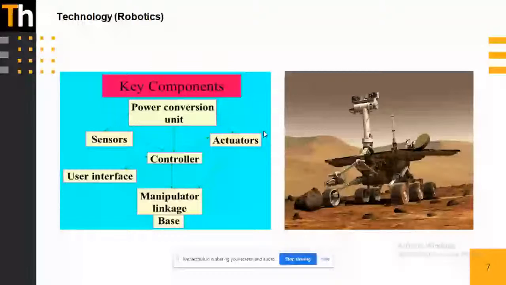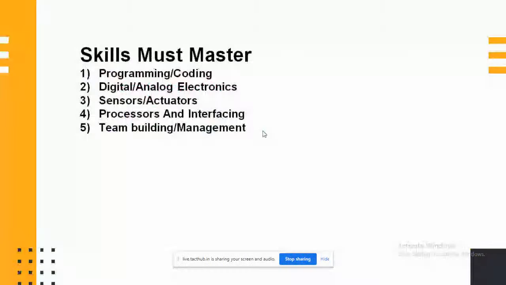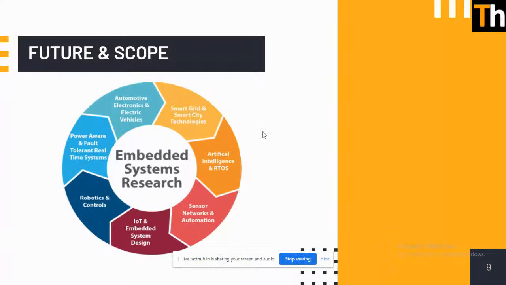Then what robots are and all other things; robotics cannot remain separate from embedded technology. Then we have taken what type of skills we must have. This is the core, but allied skills I have also discussed during my lecture. Then what is the future development of this embedded system?